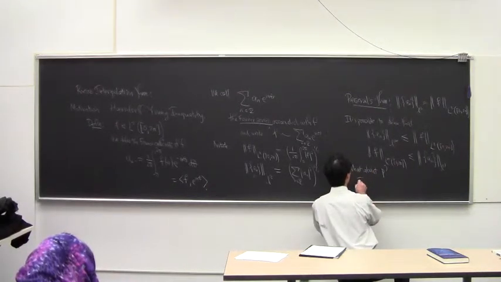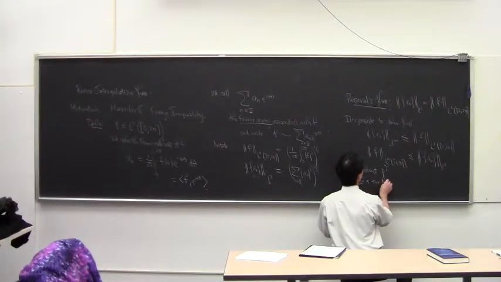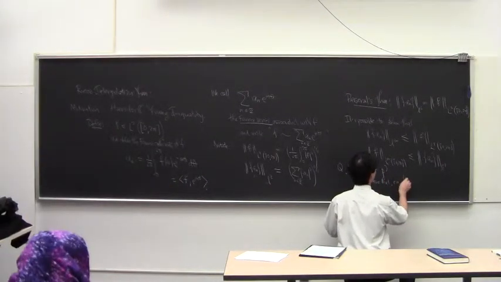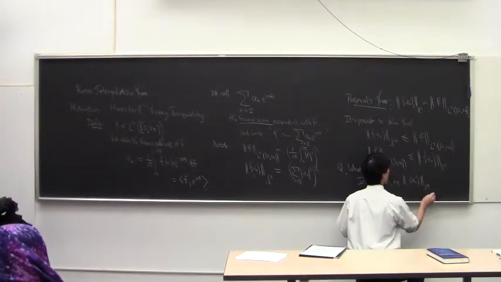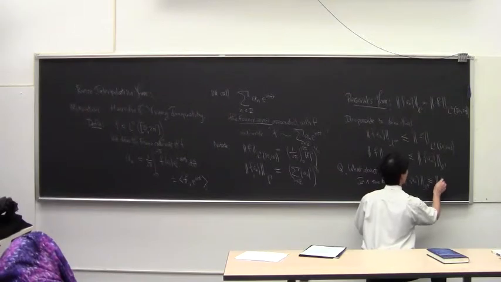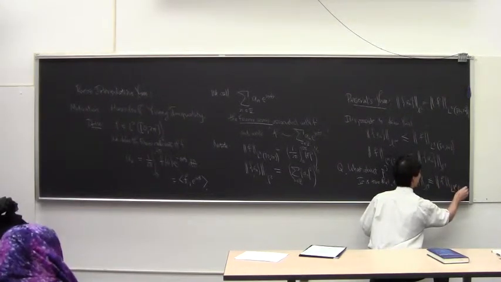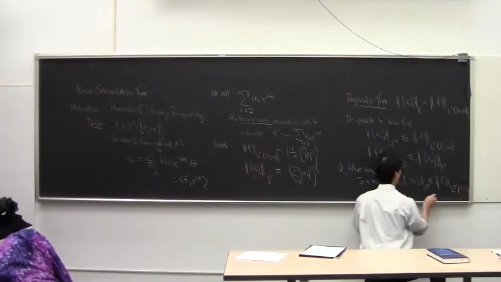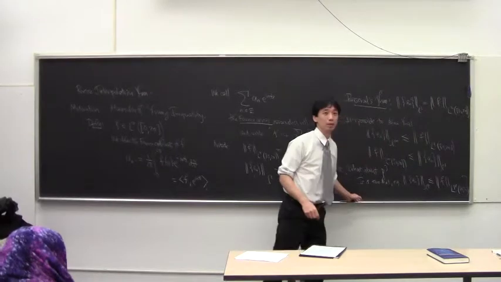Is it true, for example, that the little LP norm of the sequence is bounded above by the big LP prime norm of the function? Or similarly for the second statement.